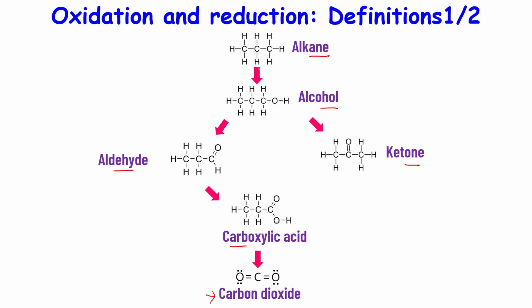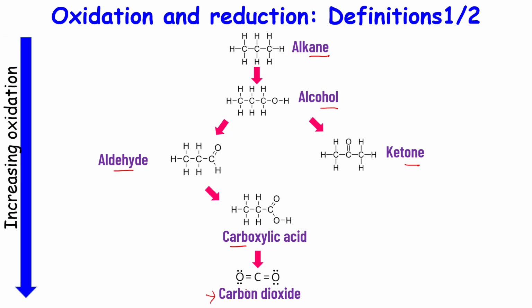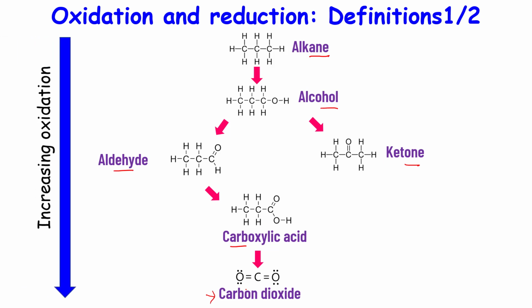These downward arrows are showing that we can convert alkane to an alcohol, alcohol to an aldehyde, and aldehyde to a carboxylic acid to a carbon dioxide. As you go through this process, you will see that these molecules are gaining oxygen atoms and also losing hydrogen atoms. Therefore, as you go from the top to the bottom, as you keep converting these functional groups from one to the other, this indicates higher and higher oxidation.